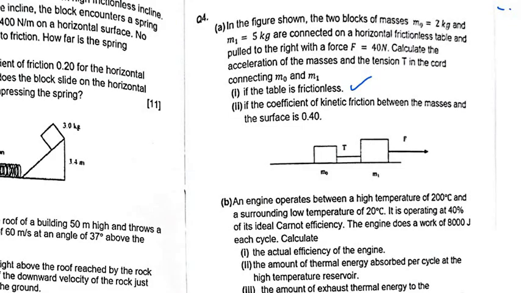Yeah, so this is case 2. They've given you the mu to be 0.4. So we're going to handle it first in an event where there's no friction, and if there's no friction, we treat this as if it's one object. We'll say the force is equal to the 2 masses added together, then multiplied by the acceleration. The 2 masses are simply 5 plus 2, that's going to be 7.